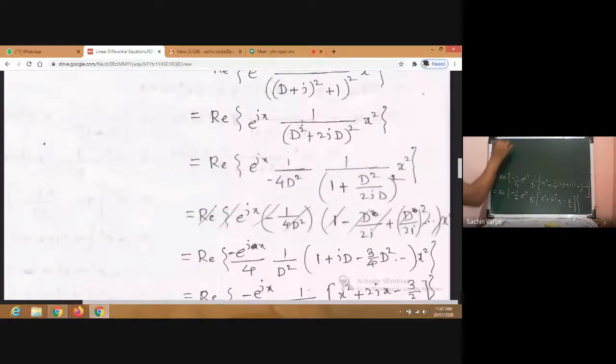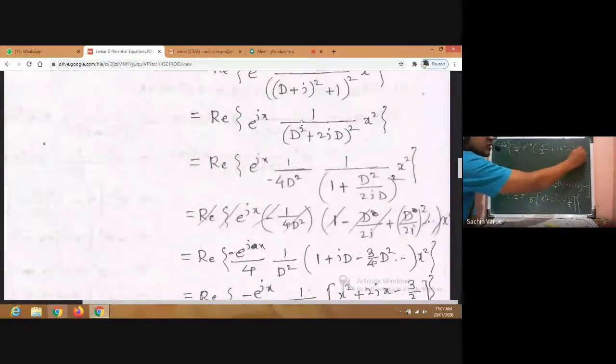So this is equal to the real part of minus 1 by 4 e raised to ix. Now integration of this: 1 upon d means integration. So integration of the whole thing, that is x cube by 3 plus 2i x square by 2. So 2 and 2 will get cancelled. i x square, I'm directly writing, minus 3 by 2 times x. Is that okay? Please ask if in doubt.